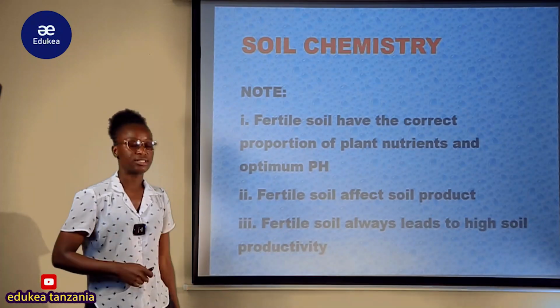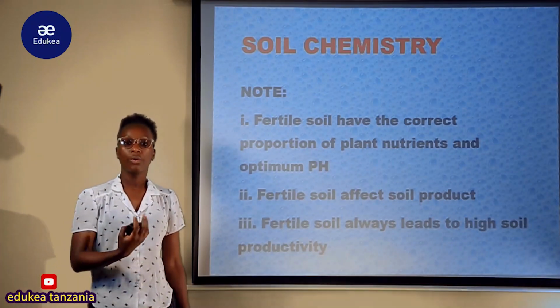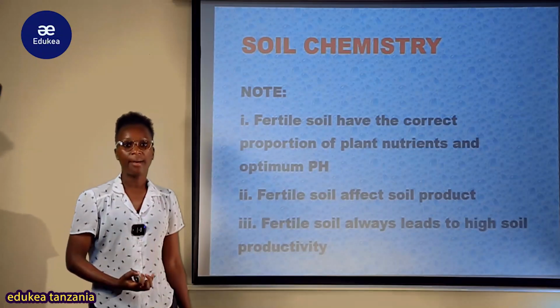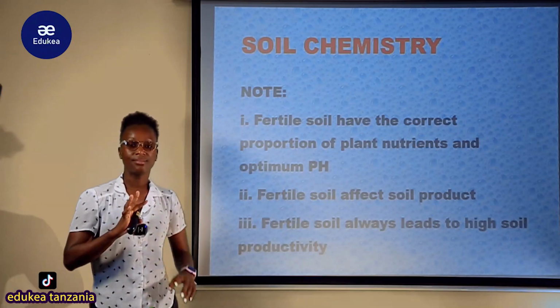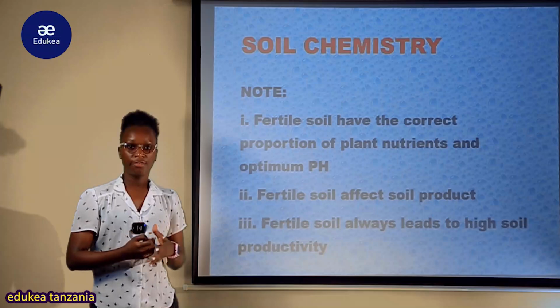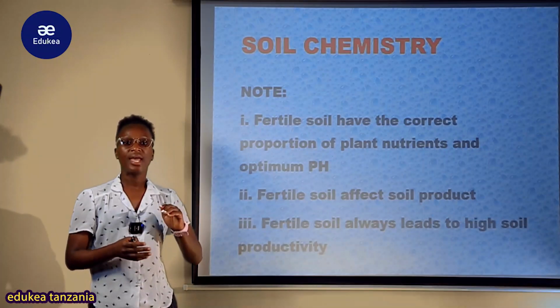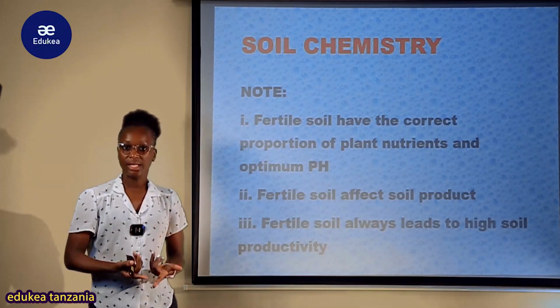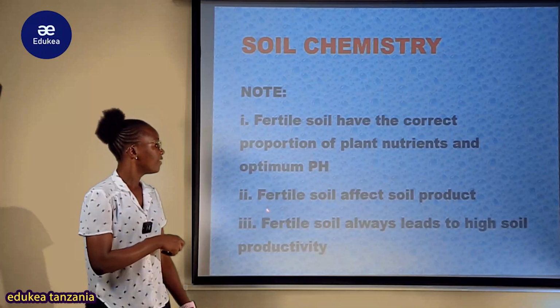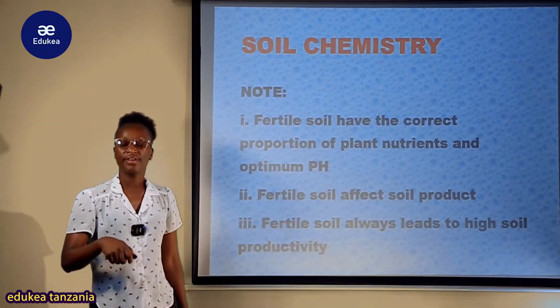Lakini productivity sasa ni pale kumbe huu udongo unaweza kutoa mazao bora, mazao ambayo ni nadhifu and so forth, ambayo ile production inakuwa katika high yield. So kumbe fertile soil ina affect soil productivity.